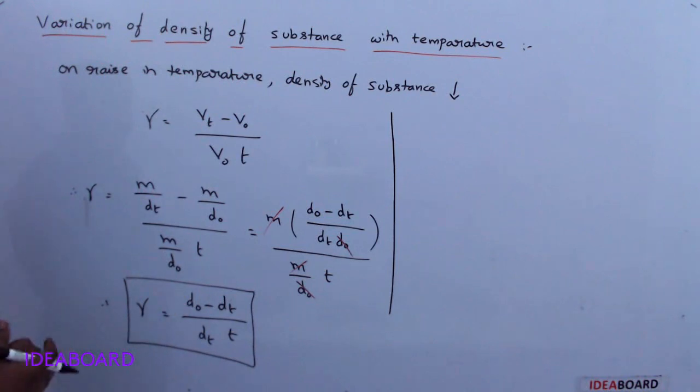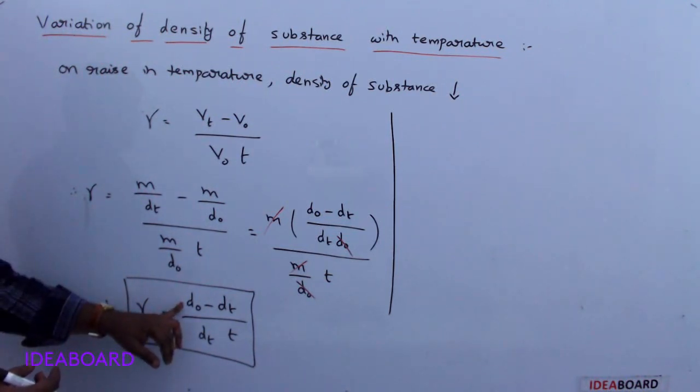We want the density of the substance at 0 degree Celsius, that is d naught.